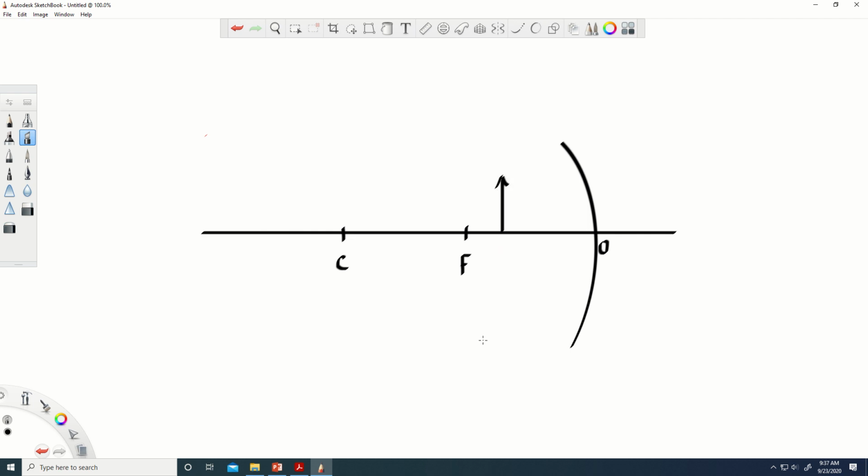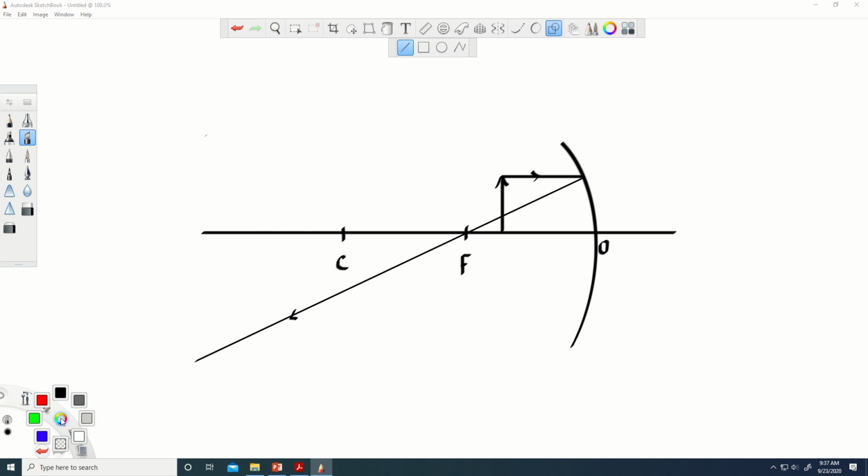The first rule is if it hits parallel to the principal axis, then it will go through F. Okay, so that's the first one. You need to draw the arrow going that way, and then it's reflected back this way. Now, second one, let's use a different color here.